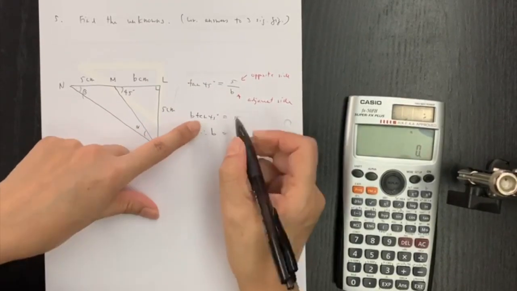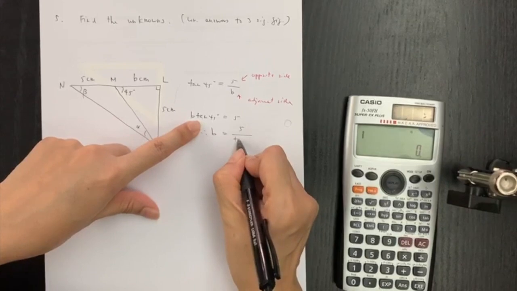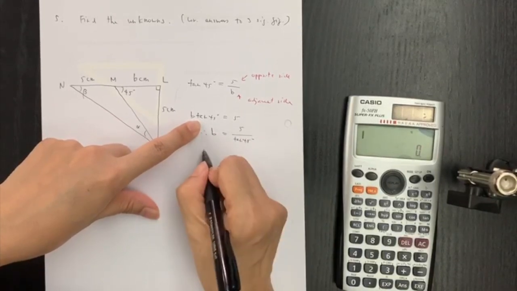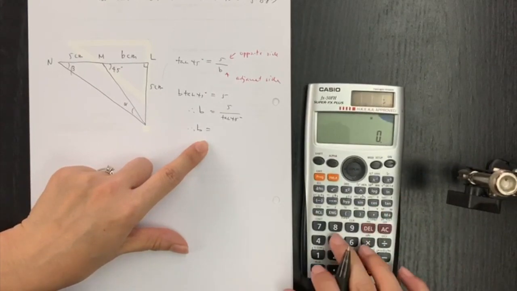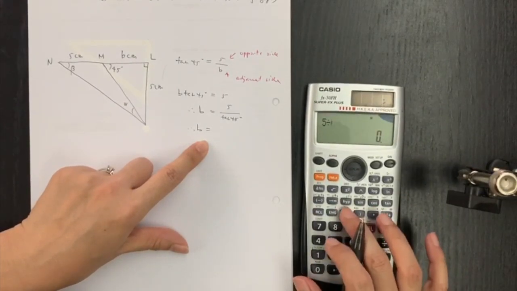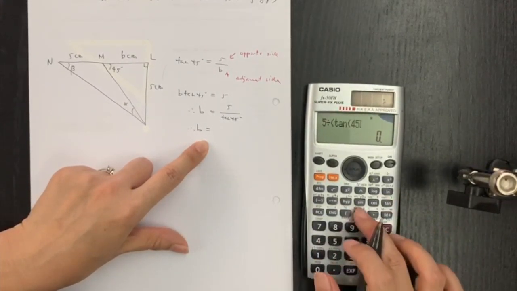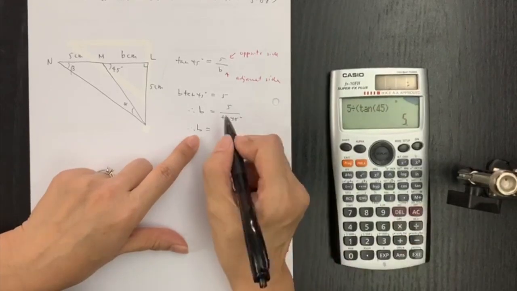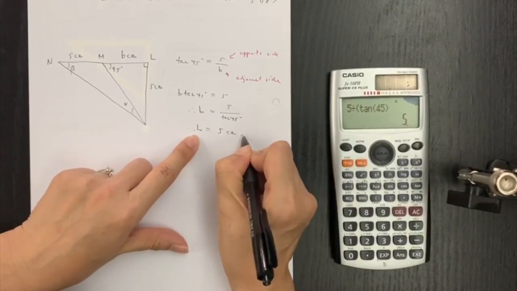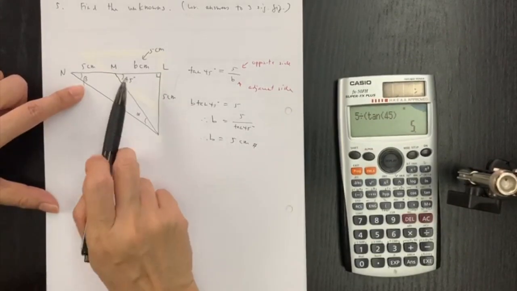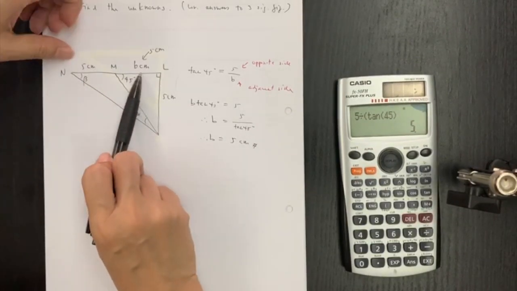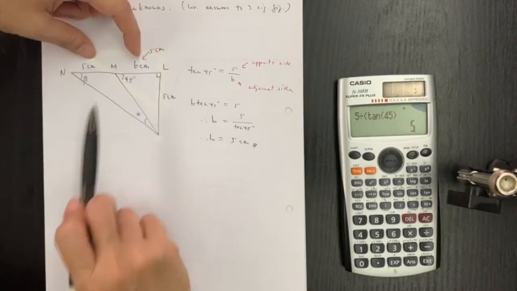Therefore b will be equal to 5 divided by tangent 45. Now I can use the calculator to find b. So that would be 5 divided by tangent 45. So b is equal to 5 cm. If b is equal to 5, therefore the whole length here is 10 cm.